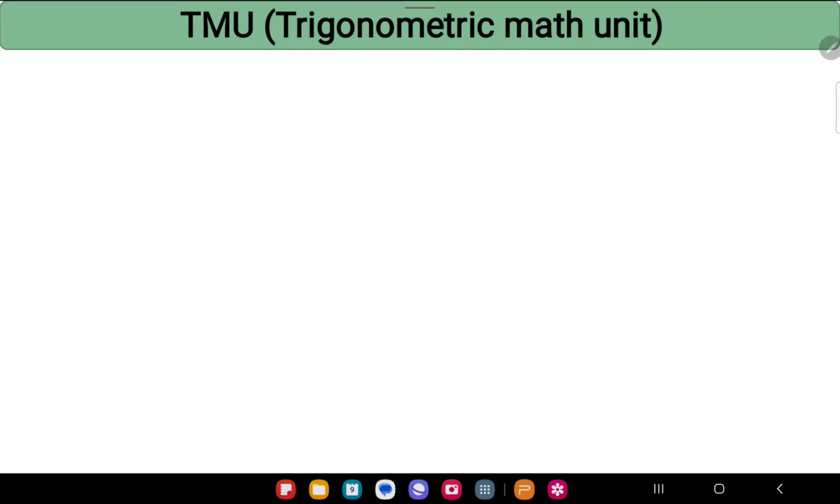Okay, so now the trigonometric math unit works in the same way as the floating point unit. It is an extension of the floating point unit, and it enhances the instruction set of the floating point unit. So the TMU is an enhancement of the floating point unit.